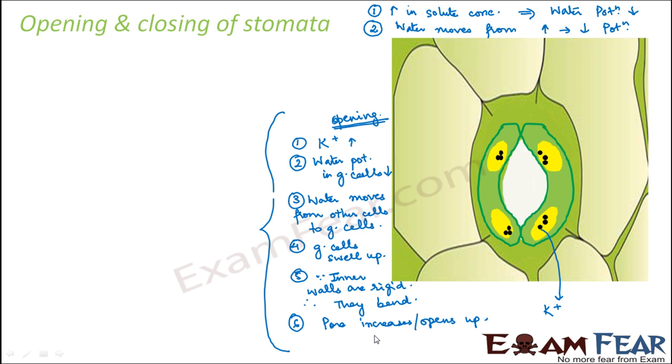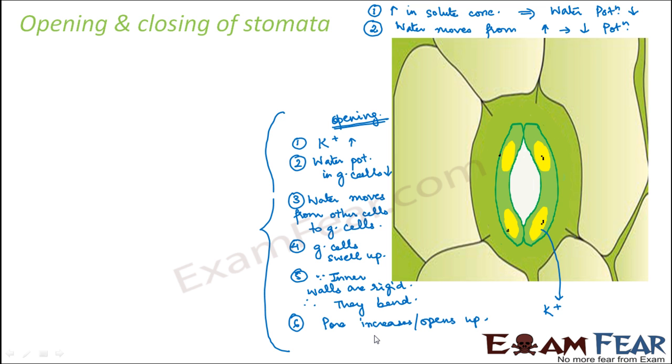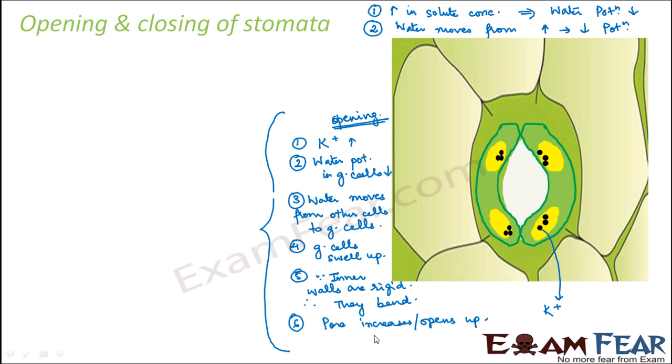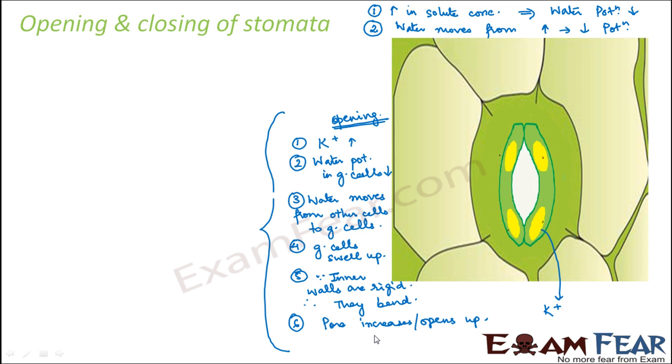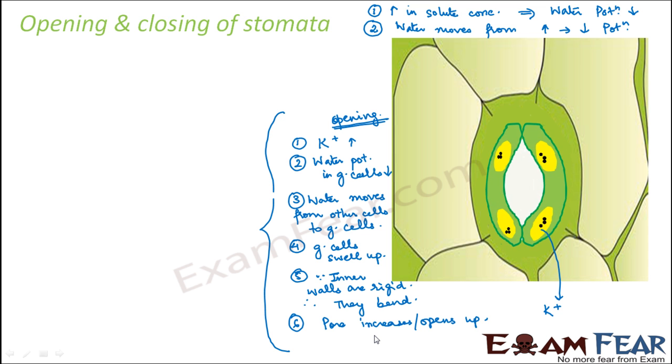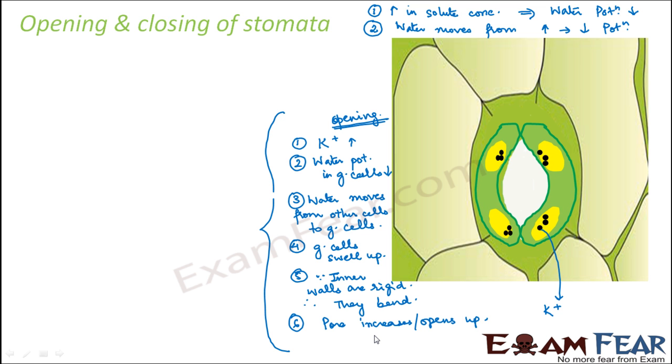Now, to be honest, it is not only one factor which is responsible for opening and closing of stomata. Here I explained it on the basis of the concentration of potassium ions, which again I said is dependent on sunlight. But it is not always that stomata open in presence of sunlight.